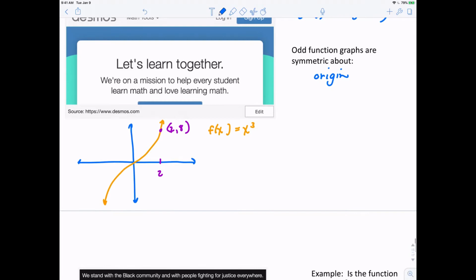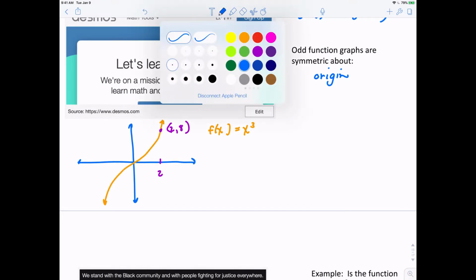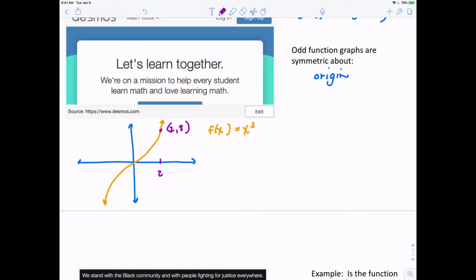All right. So now let's take a look here. So when you have the cube function, if x is equal to 2, the y-coordinate is 8. And if x is equal to -2, the point -2, -8 is also on the graph.